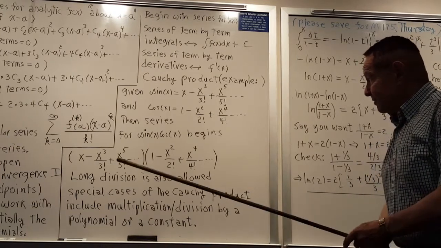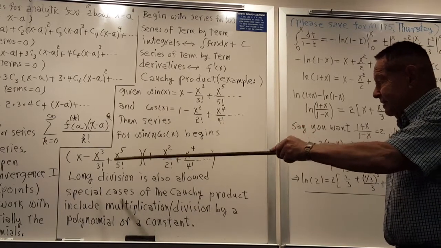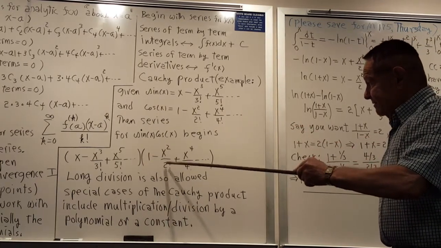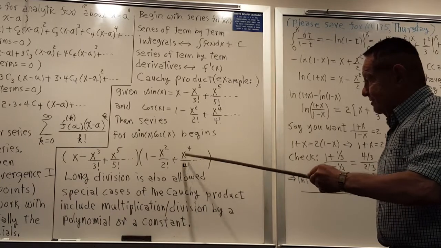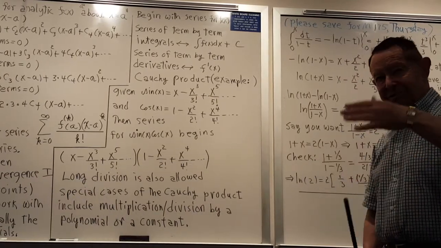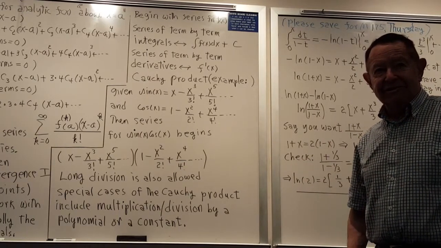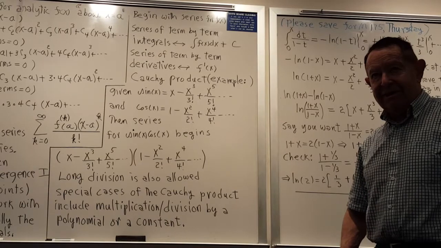Or if you were thinking of the terms for tangent, which is sine over cosine, divide, say, these three terms like it was a polynomial into these, and you'll establish the pattern for the tangent series, the same as if you got it by doing derivatives.